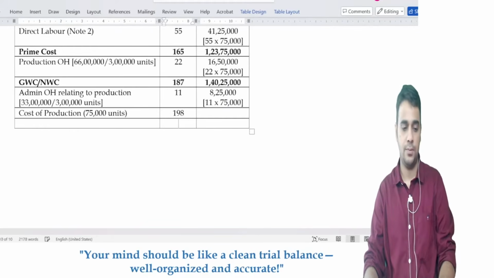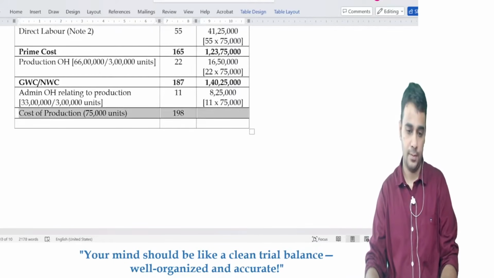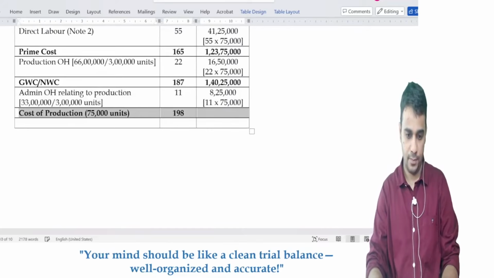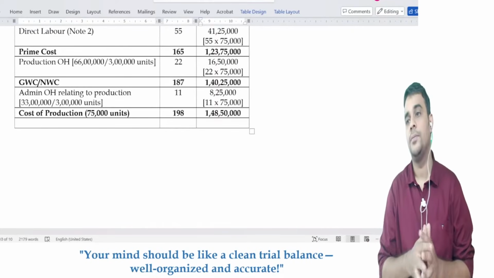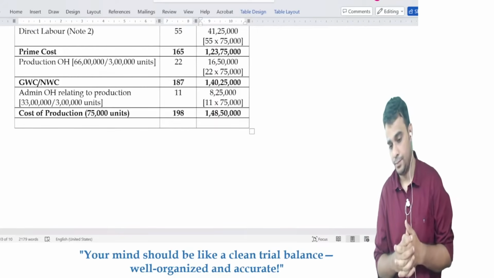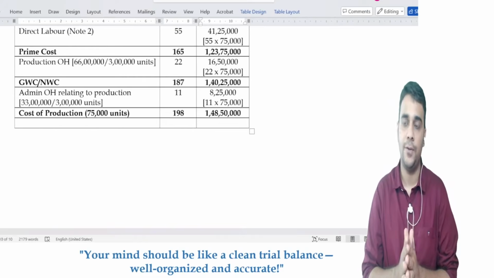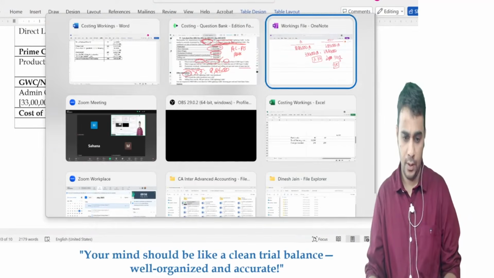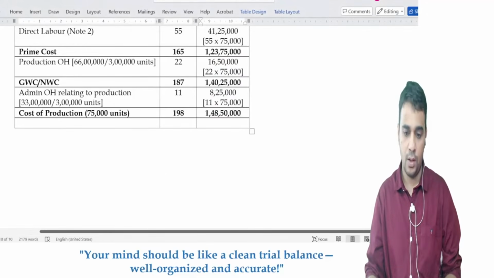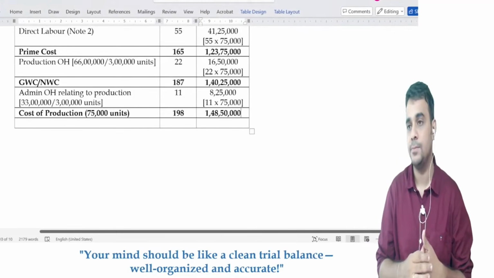Cost of production 1 crore 48 lakh 50,000.